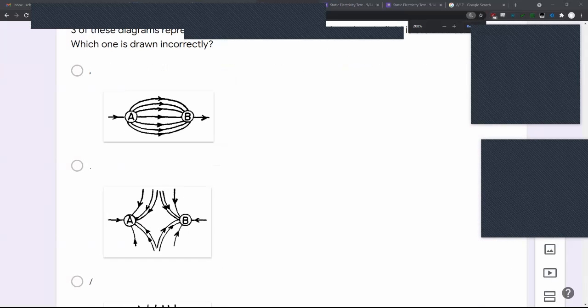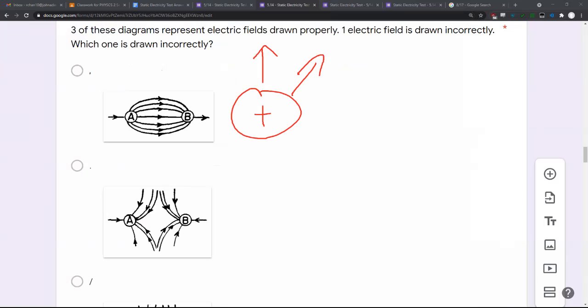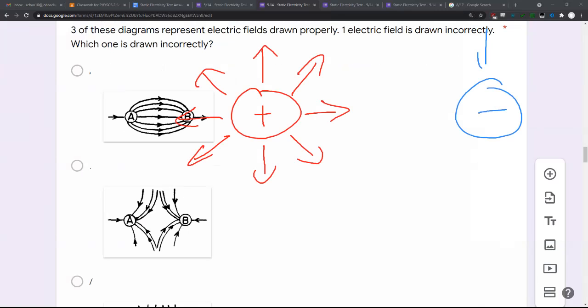Positive field lines emanate outward, so they point outward from a positively charged object. And the electric fields around a negatively charged object point inward.